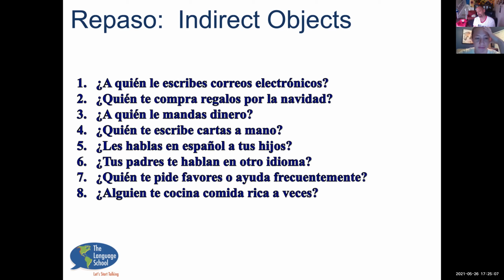Bueno, puedo hacer la pregunta así. ¿Tú le hablas en español a tu hermano? Sorry, repite, por favor. ¿Le hablas en español a tu hermano? No. ¿Y a tu novio? Sí. Porque él habla español, ¿cierto?